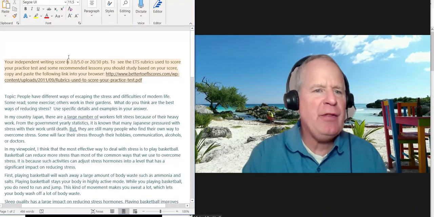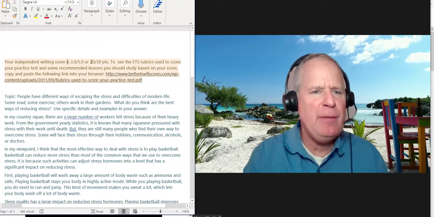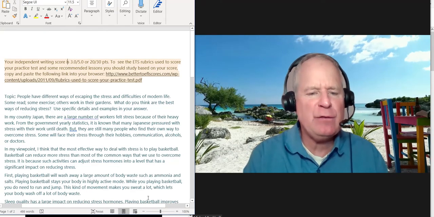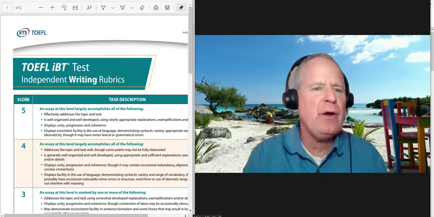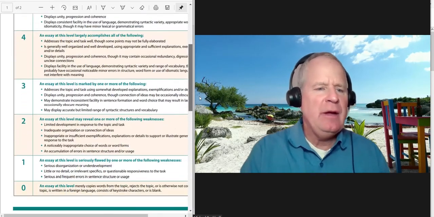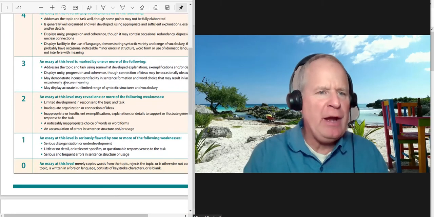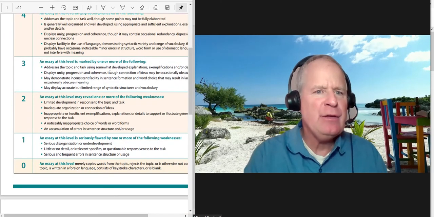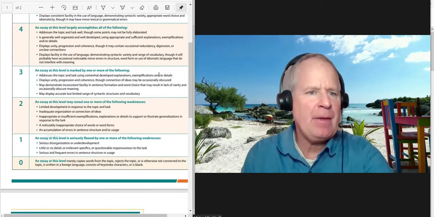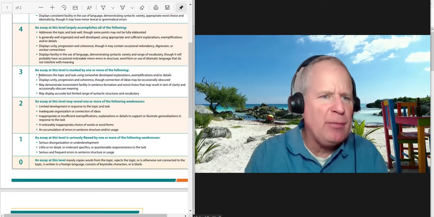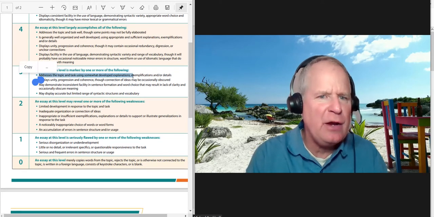I'm going to put you at 3.0 out of 5, 20 points out of 30. That's a score that I'm giving you right now. So, if you look at the rubrics, I think right at the low 3 area, you have somewhat developed explanations and examples. I think that's probably the biggest problem, your organization.